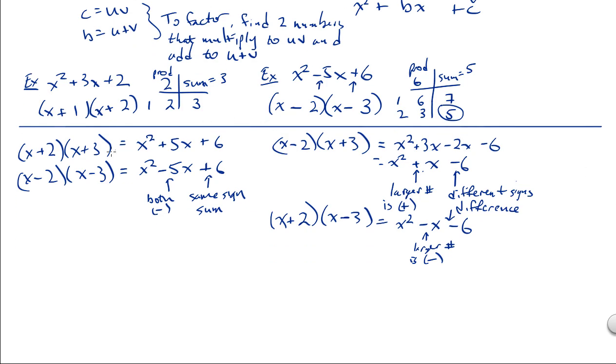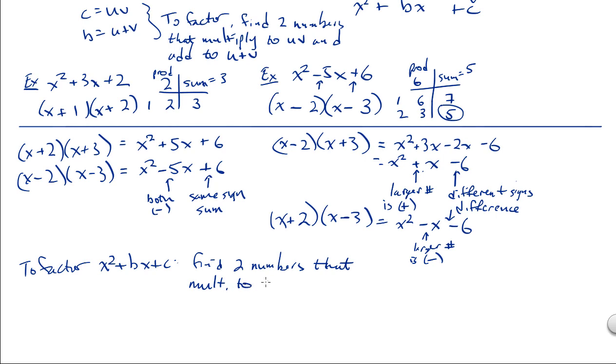So if I was going to give you a basic idea here, to factor x squared plus bx plus c, find two numbers that multiply to c, whose product is c.